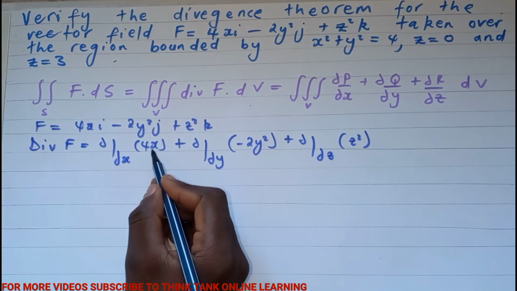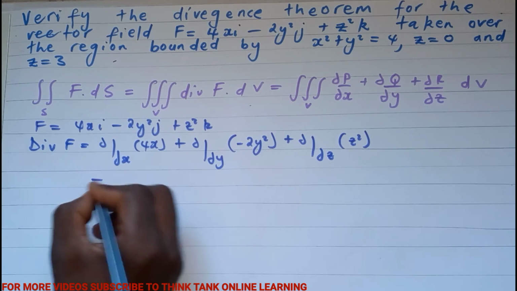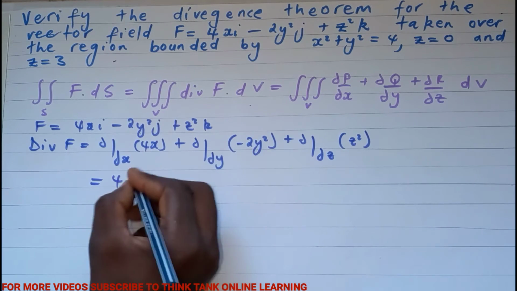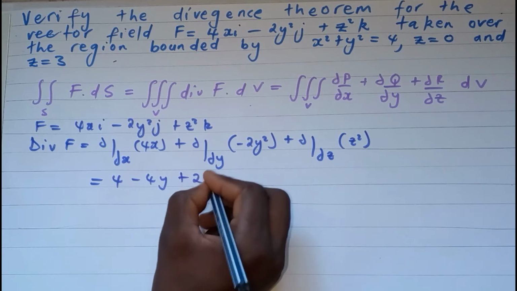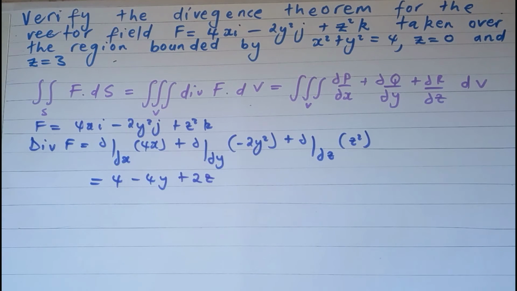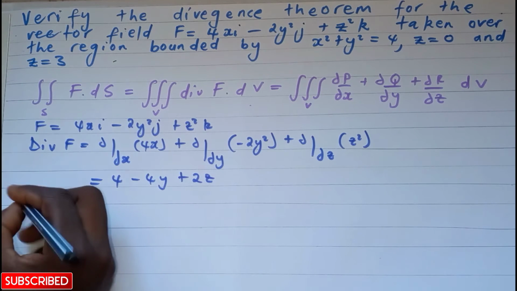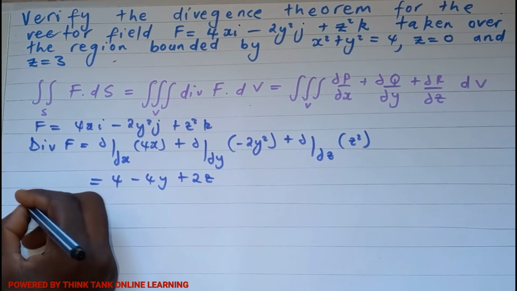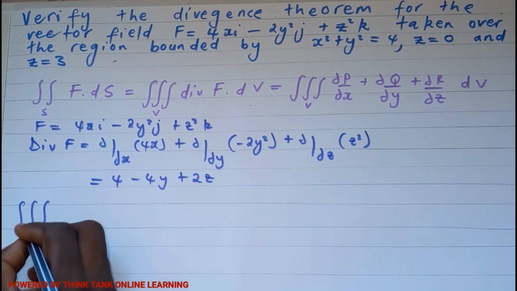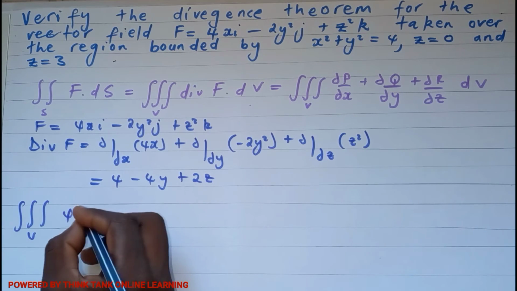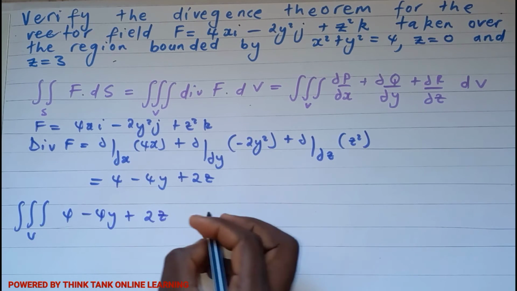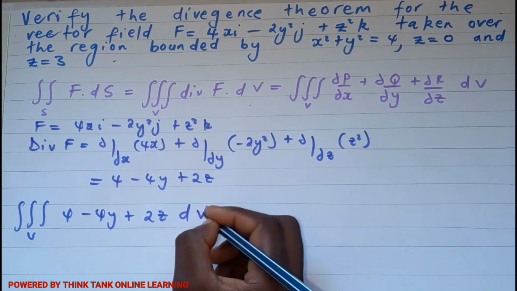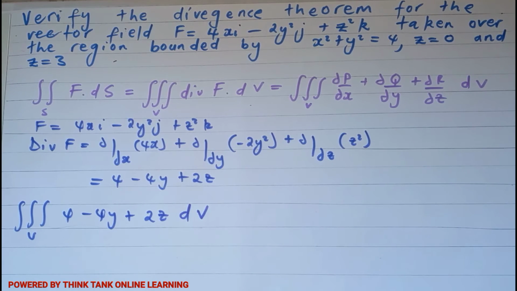If we differentiate, with respect to x we get 4, then −4y, and 2z. Now we want to compute our triple integral, which is our total flux: the triple integral over V of (4 − 4y + 2z) dV.